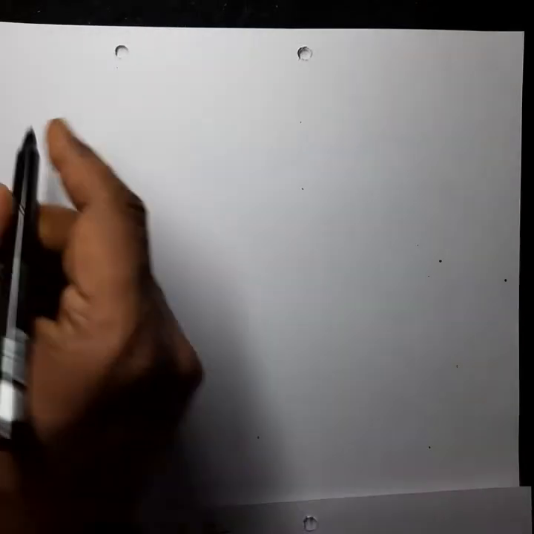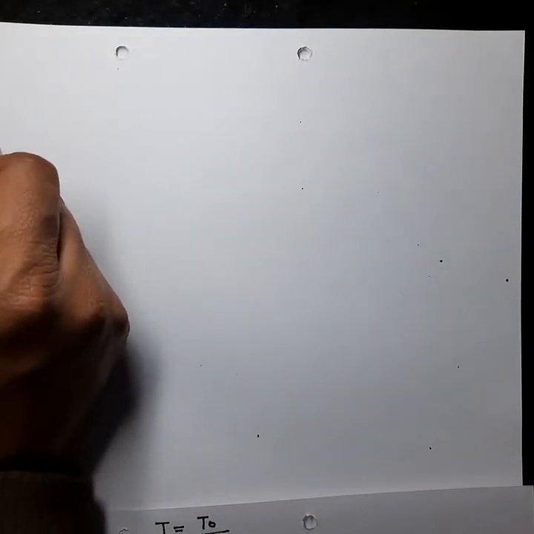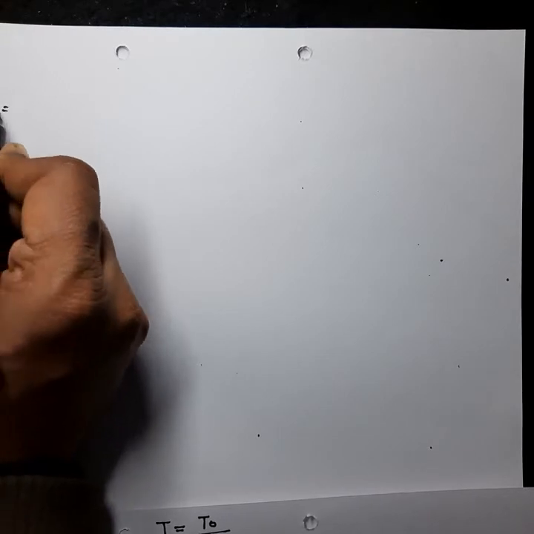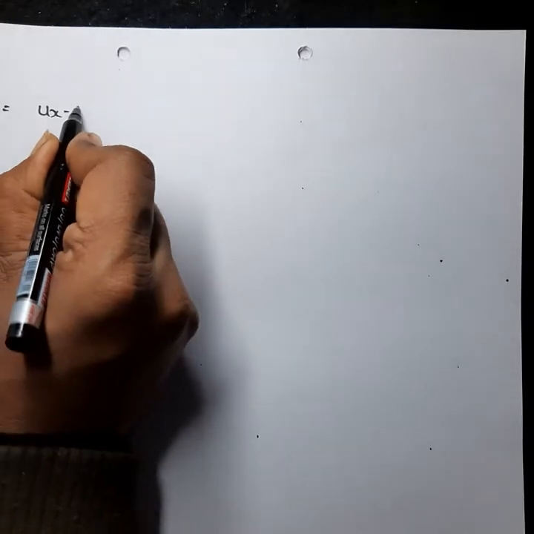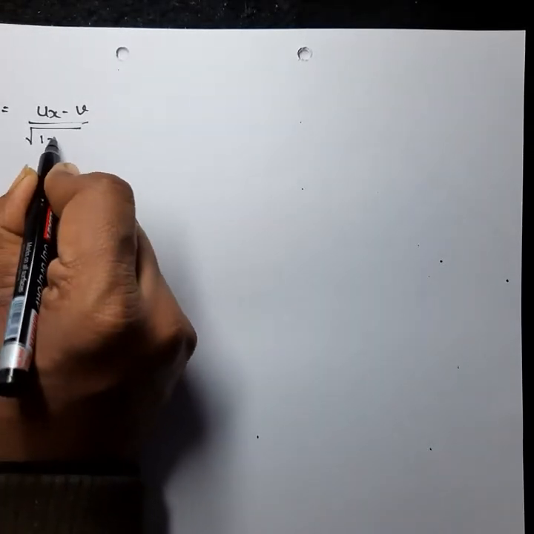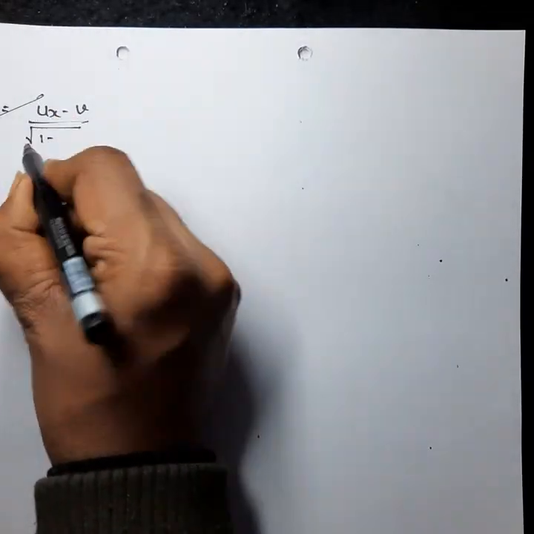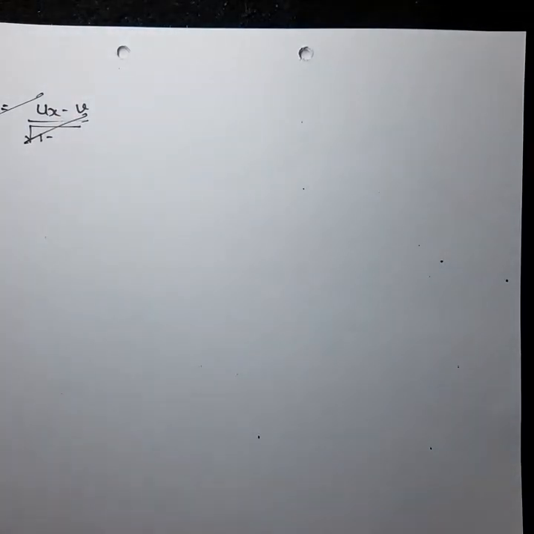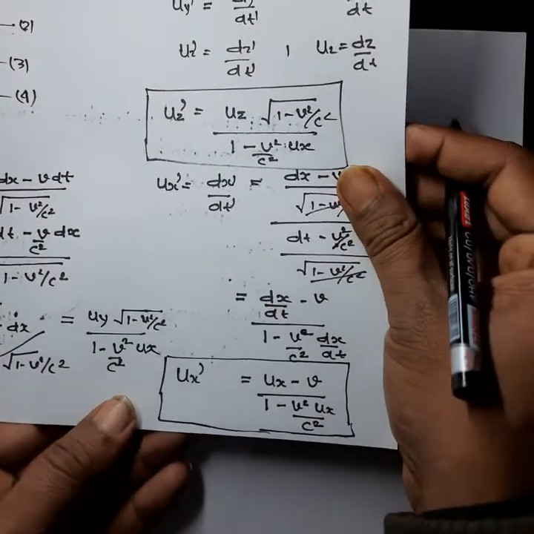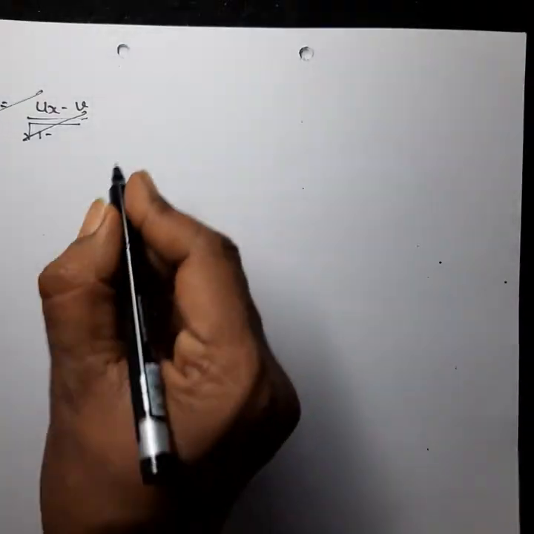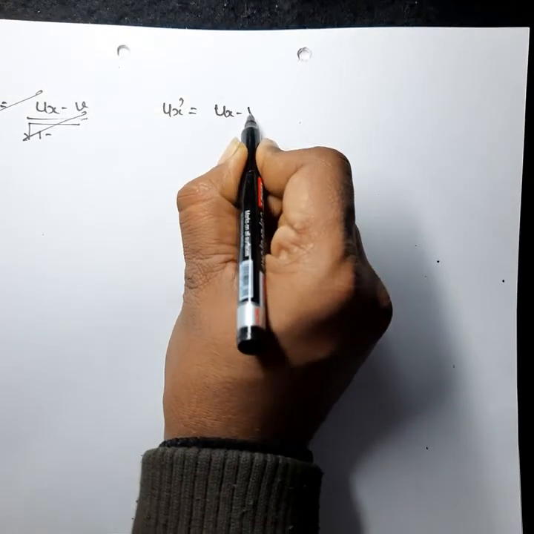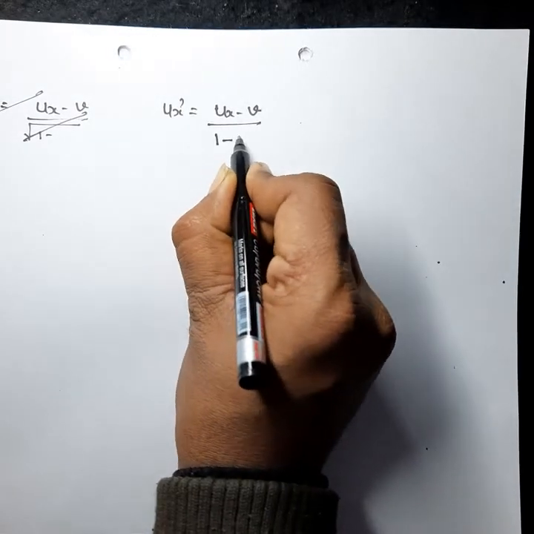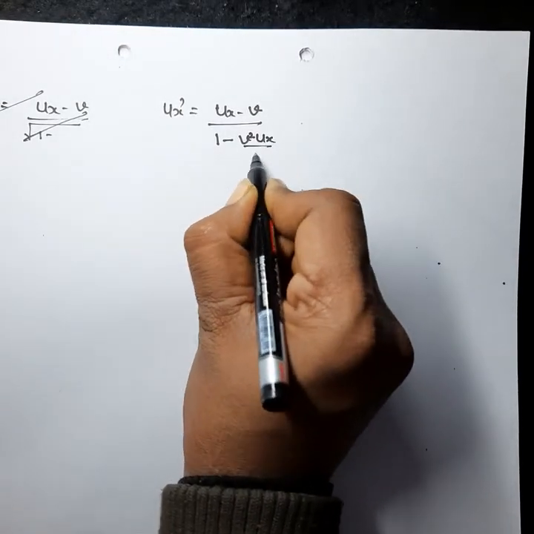So these are the velocity addition rules. What was the expression? ux dash is equal to ux minus v divided by 1 minus v square ux by c square.